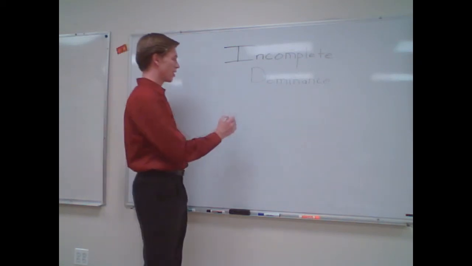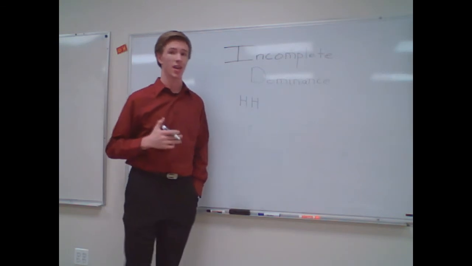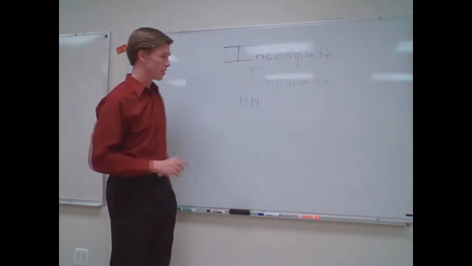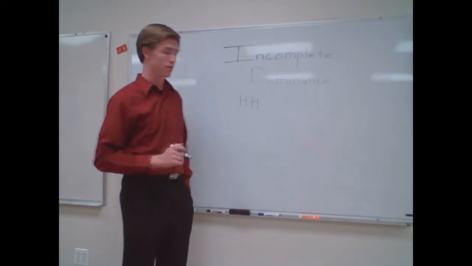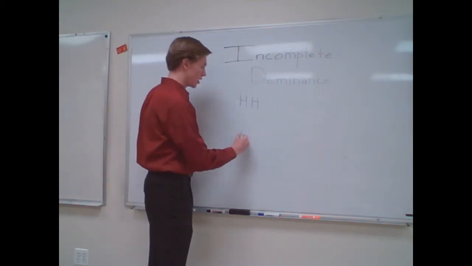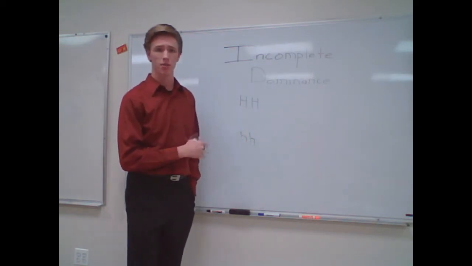So far what we've had is that when you have, say, an H for a gene, the dominant trait is all that you see when there are only dominant genes. If you only have recessive genes, all you see is the recessive trait.